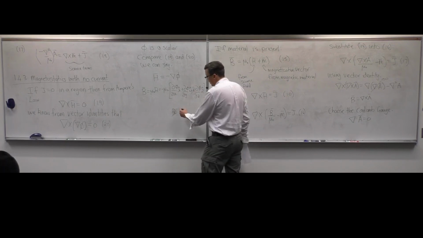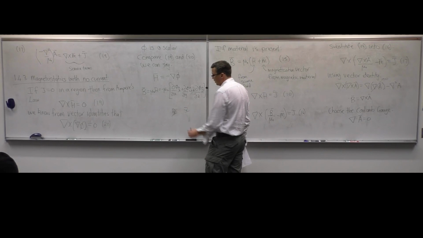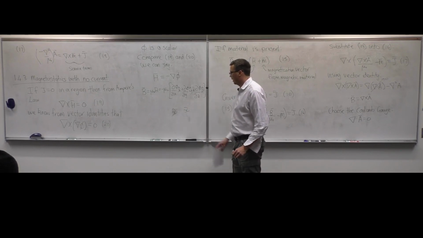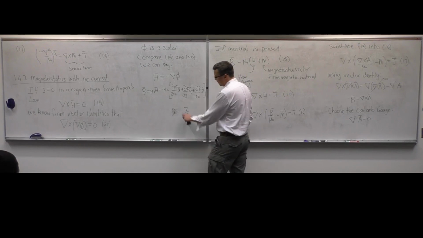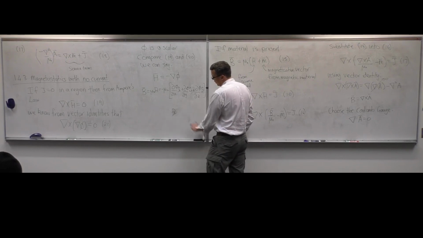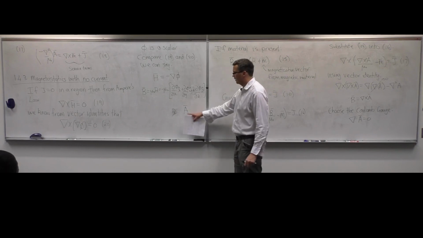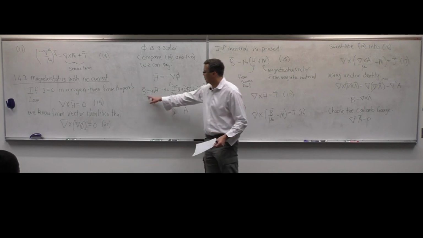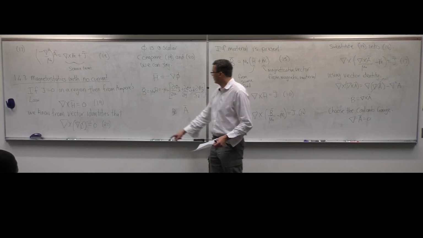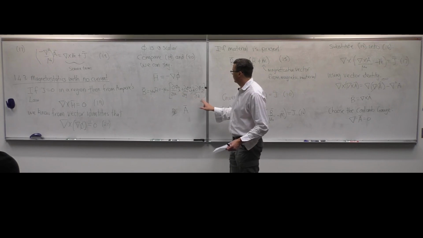If I wrote with a line on it, that would be confusing, because I've got x for both of them, I try not to do that. But if I use A, for example, put a line on it, then that's a vector with 3 components, x, y, z. So here, for example, B is a vector with an x component, a y component, a z component.